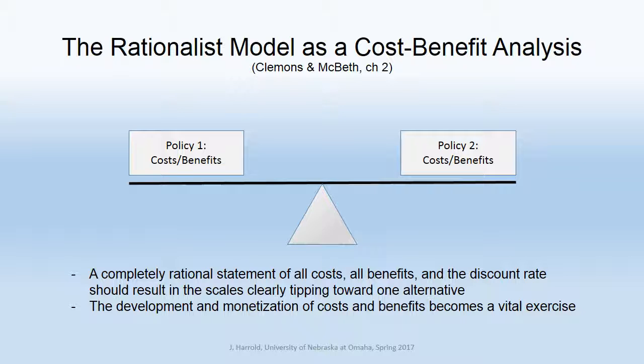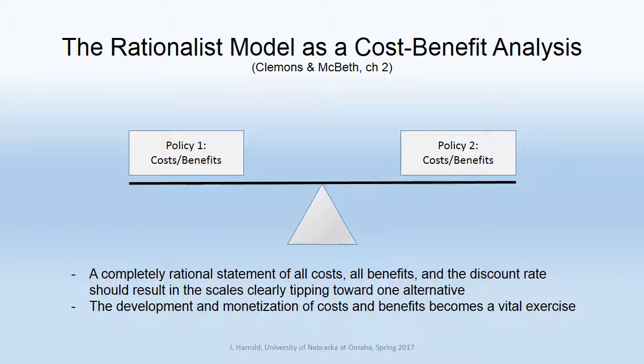Well, as we know from doing this discussion last week in this exercise, sometimes the development and monetization of costs and benefits becomes very vital. And sometimes that's actually quite difficult, because how do you monetize things like a drop in the delinquency rate of children if you're going to do a community center?